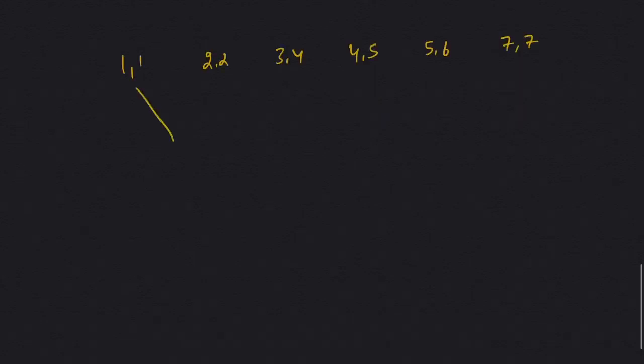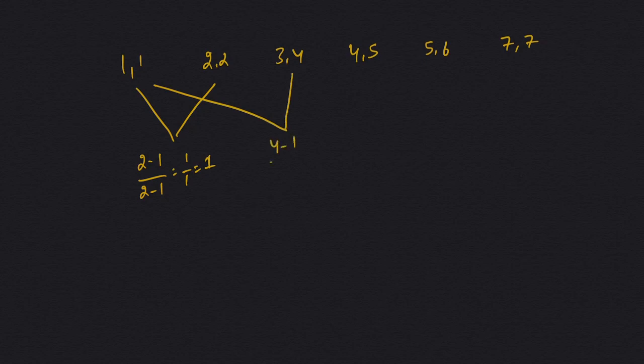If we look at example number 2, the coordinates we are given are 1 1, 2 2, 3 4, 4 5, 5 6, and 7 7. If we take the slope of these two, that is 2 minus 1 over 2 minus 1, which is 1. If we take the slope of these two, that is 4 minus 1 over 3 minus 1, which is 3 by 2, which is not the same.